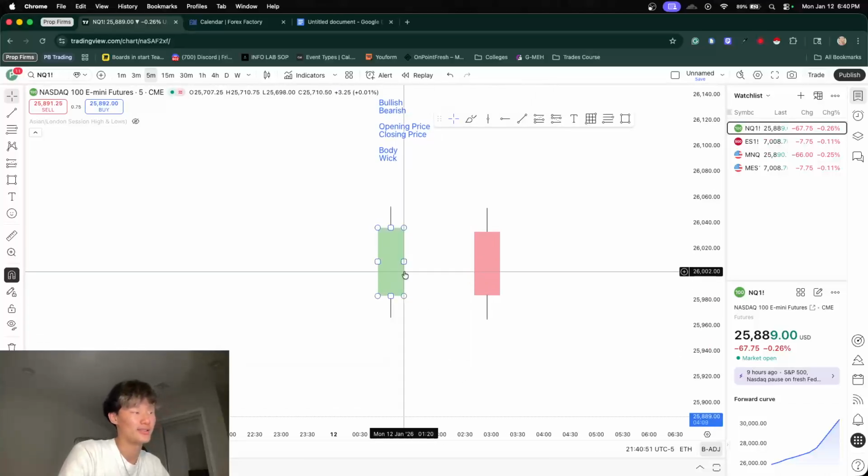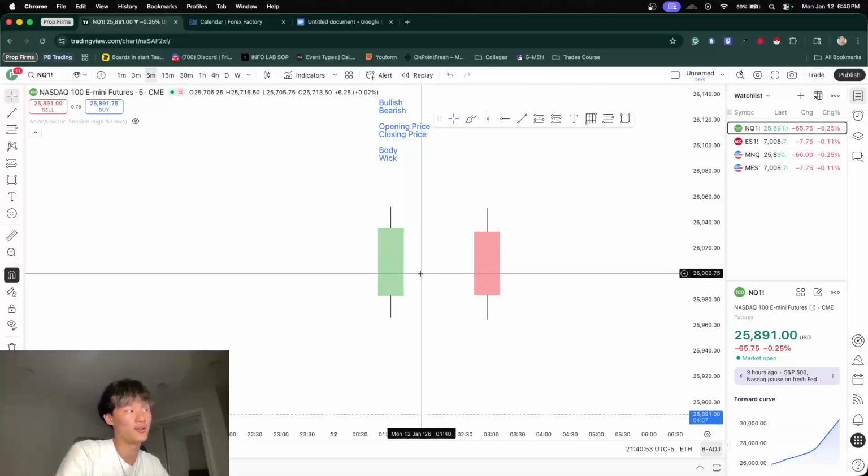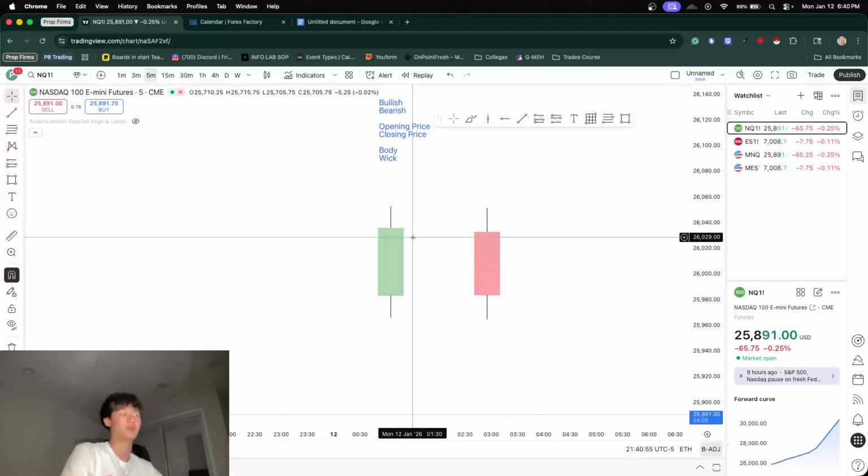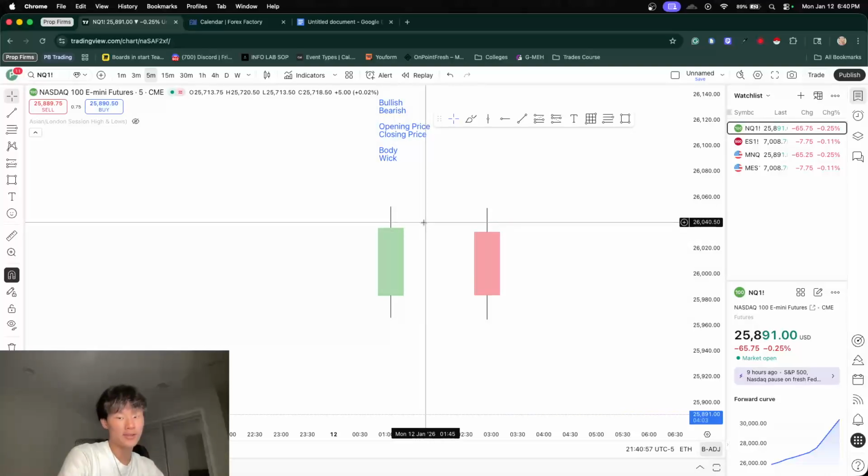So the body is basically where you'll find your opening and closing price. Opening price is, I think that literally tells you what it is. The price that the candle started off with, the opening. And the closing price is the price that it closed at. I think that's very self-explanatory.